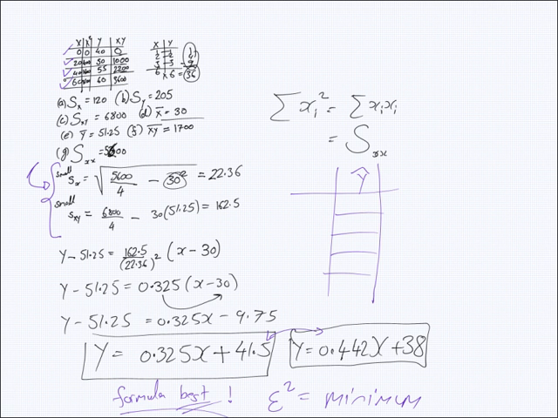Those are not in the book, but you don't really need them. I showed you the big S notation because I don't like having to write the sigma x and the sigma x squared. But it's not necessary to use that notation. If you look at the formula book, they make it very clear.